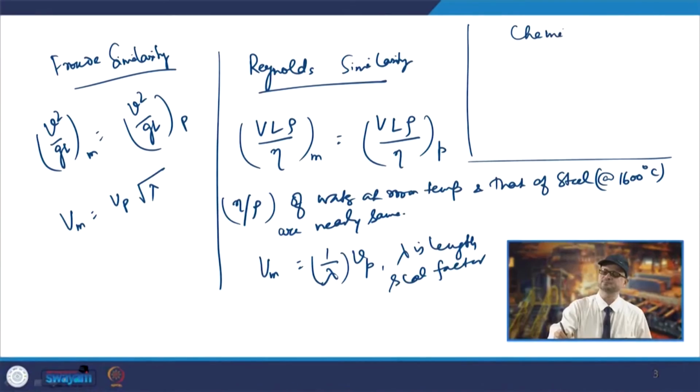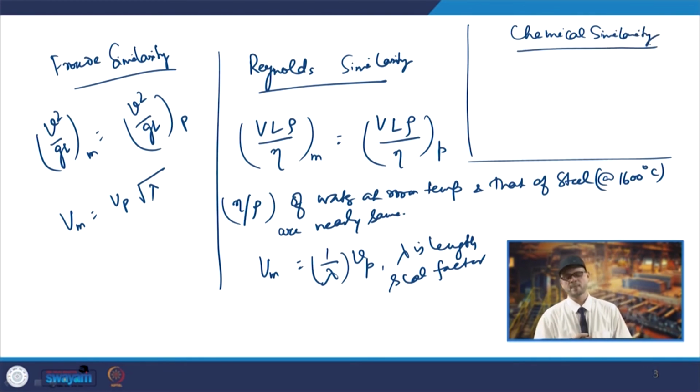Apart from geometric similarity, dynamic similarity, kinematic similarity and thermal similarity, many a times we also come across the term chemical similarity, because many types of chemical reactions are taking place.